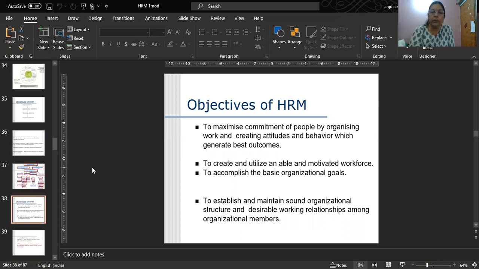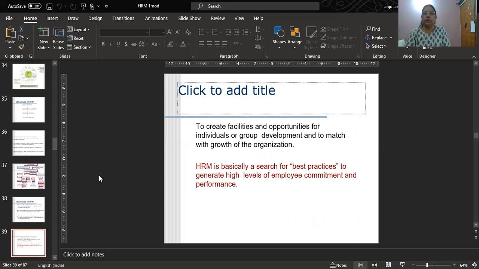So the HR also tries to motivate their workforce, make their workforce more creative so that the organizational goals can be achieved. So these are the objectives of HRM which they achieve through their managerial functions and their operative functions.